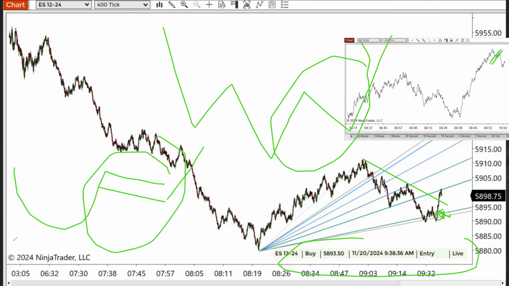So what we're going to dive into today are the specific characteristics that we want to look for in that zone of congestion that indicate that this is going to lead to a strong continuation of that initial move off of the low. So a strong secondary upside move is what I am aiming to capture when I'm trading the Phoenix setup. Let me clear this here.